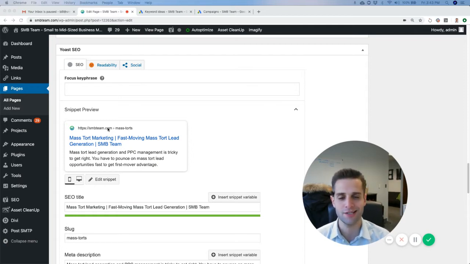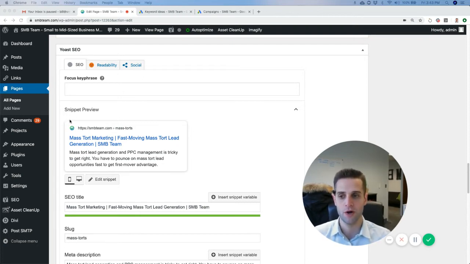So it's not just about how many people click on your organic listings. It's about what quality clicks you're getting and whether those clicks are actually going down the cycle of your buyer journey. So that's what's most important when it comes to doing meta titles and descriptions, generally speaking.